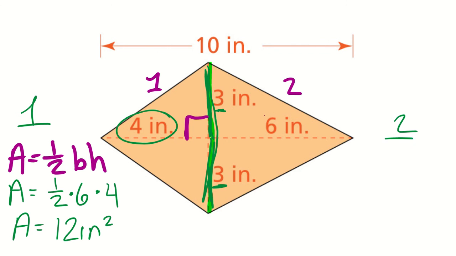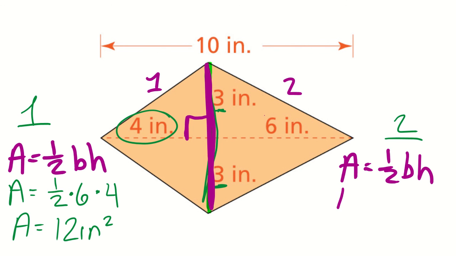Now if I want triangle 2, it's got the same base as triangle 1, the same base right here, because it's made up of the same line segment. So area is going to equal 1/2 base times height. I'm rewriting it because it's good practice, it keeps us organized, and it helps form that memory.